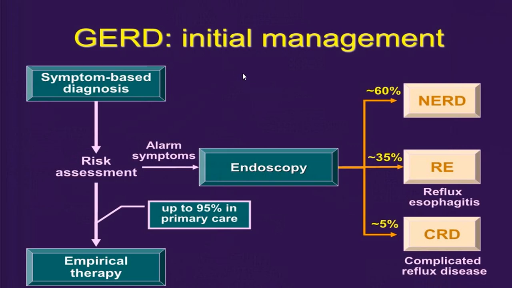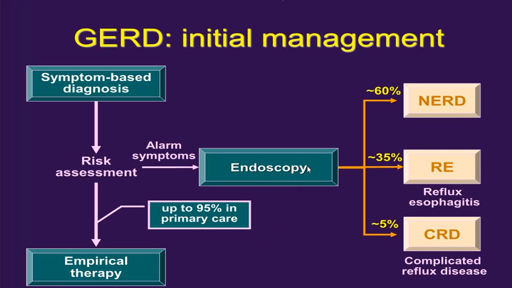So usually at endoscopy, we divide patients into different groups: reflux esophagitis, non-erosive reflux disorder, and complicated reflux disorder. These are the terms commonly used. So if there are alarming symptoms, go straight for endoscopy. And after giving empiric therapy, if the person does not respond, also go for endoscopy.